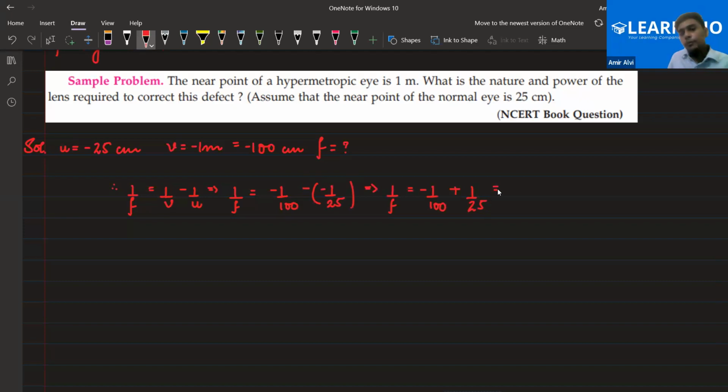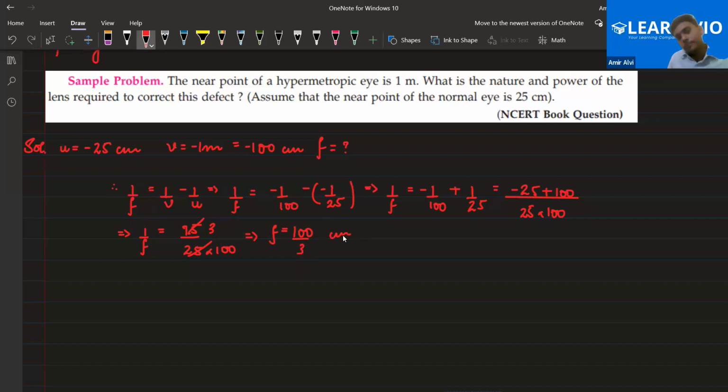If you cross multiply, that would be negative 25 plus 100 divided by 25 into 100. So 1 by f would be 75 divided by 25 into 100. This will cancel 3 times. So f comes out to be 100 by 3 centimeter.